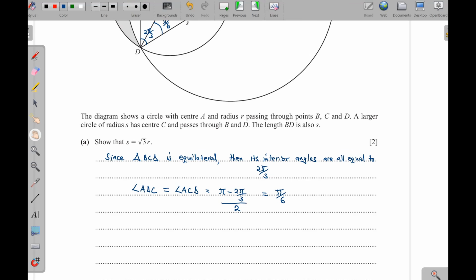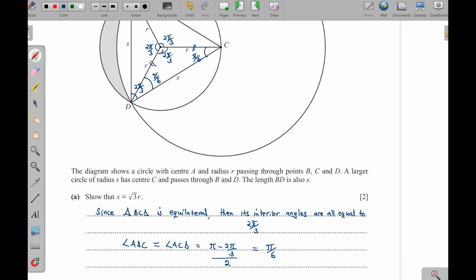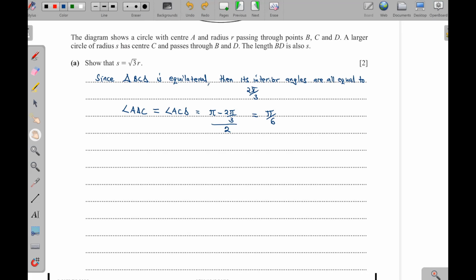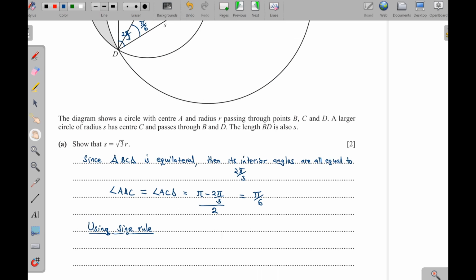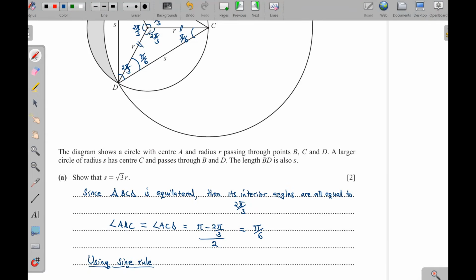Then after that, we can say, now we have our triangle here. Since I know now all of these angles, and also the sides, then I can use sine rule or cosine rule. Now I'm going to use both of them. Using sine rule, because for a triangle which is not right angled, we can either use sine rule or cosine rule. Now, we have the R here, and then this angle.